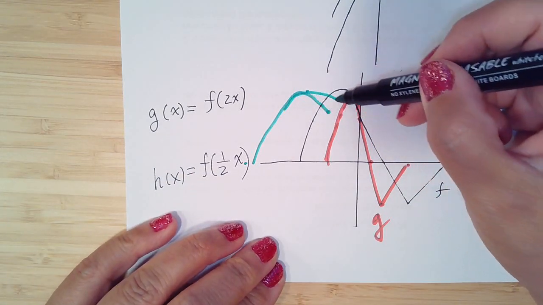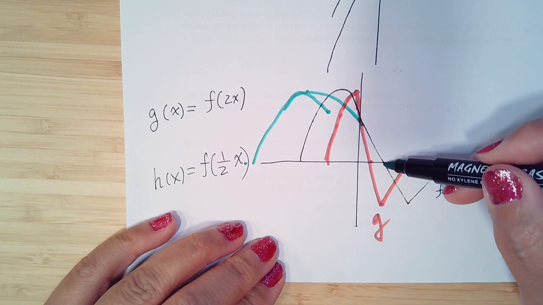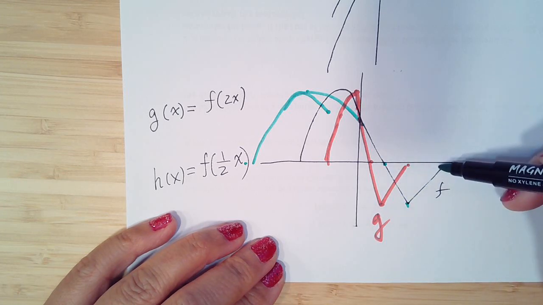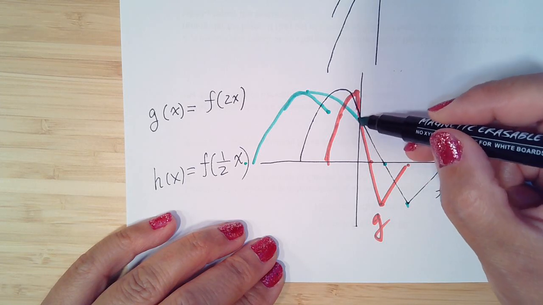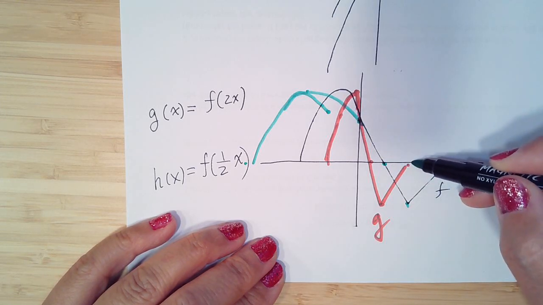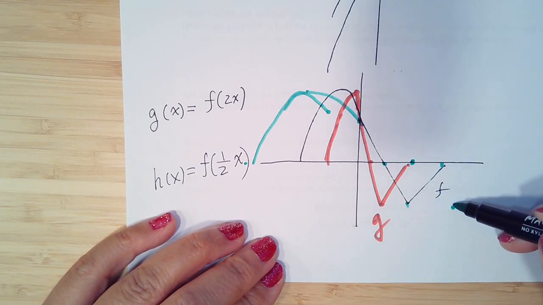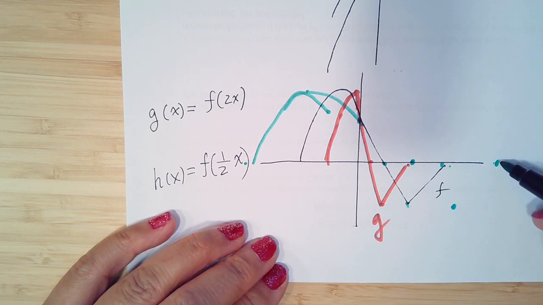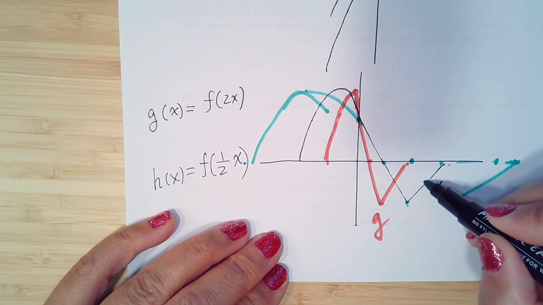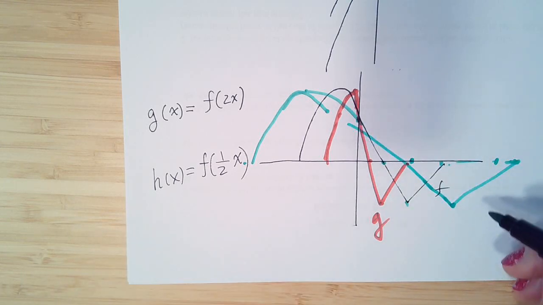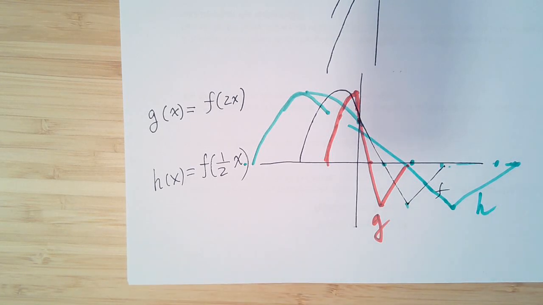Oh, sorry, I should go with the black curve. So black goes here, and this one goes here, and this one goes here. So it's much more flat. That's my h. So you like it? Ha.